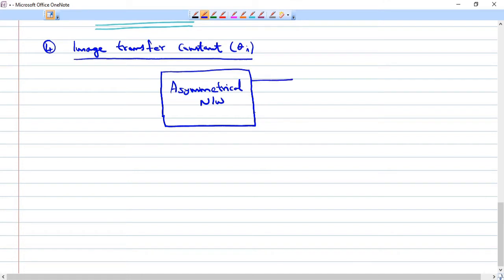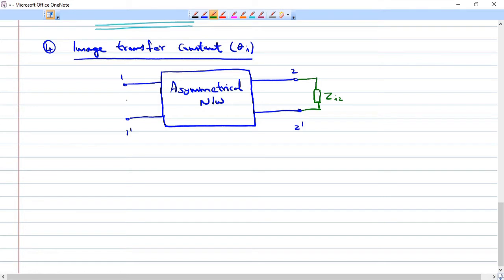We have the input port 1 dash and the output port 2 dash. Now this asymmetrical network is terminated by its image impedance Zi2 at the output port, that is the 2 dash port.